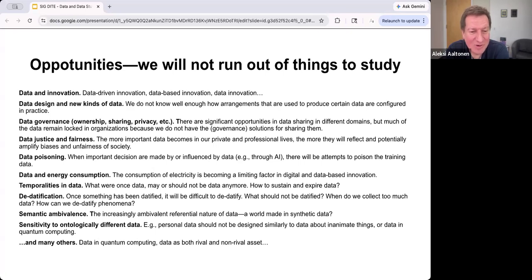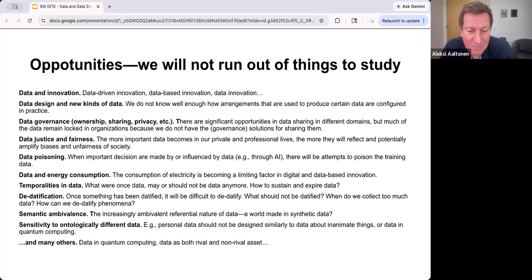Is that even possible? I think that's a potentially very interesting topic. I don't know if it's possible or if it's happening anywhere. It's just a fascinating idea that can be studied, de-datafication of some aspects of the world.